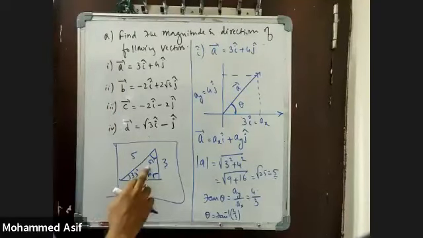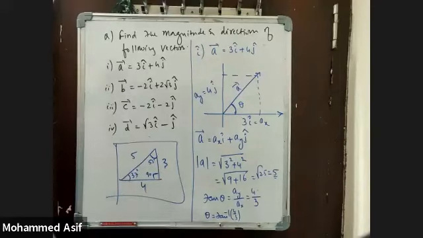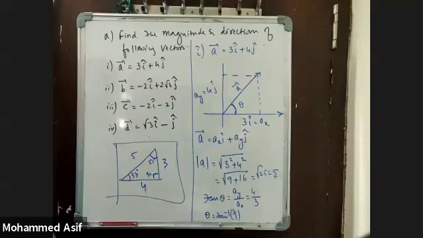This is 90, 37, 53, 3, 4, and 5. Tan theta is 4 by 3.